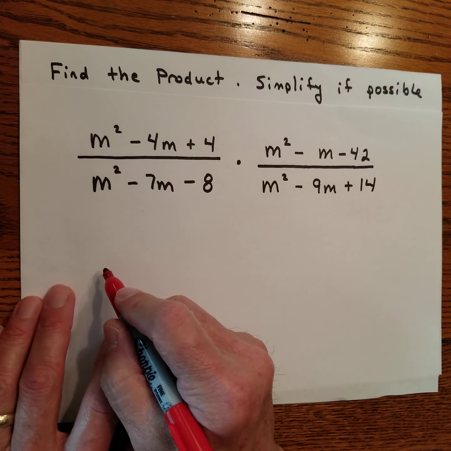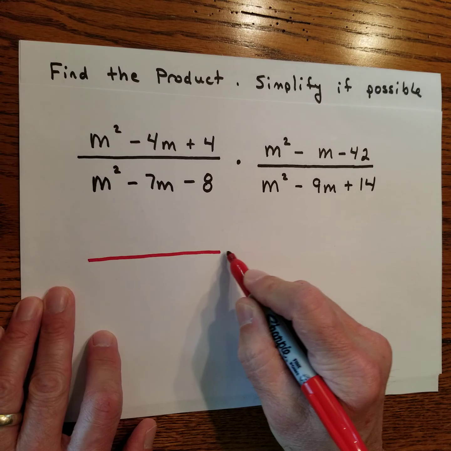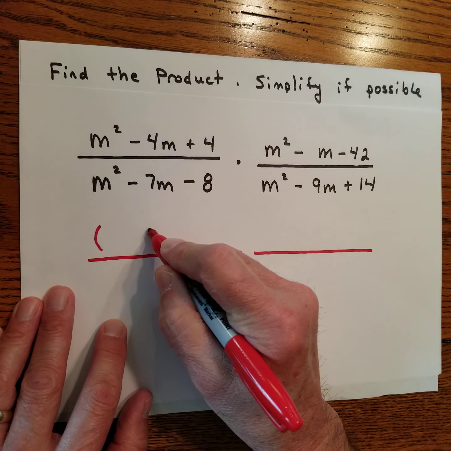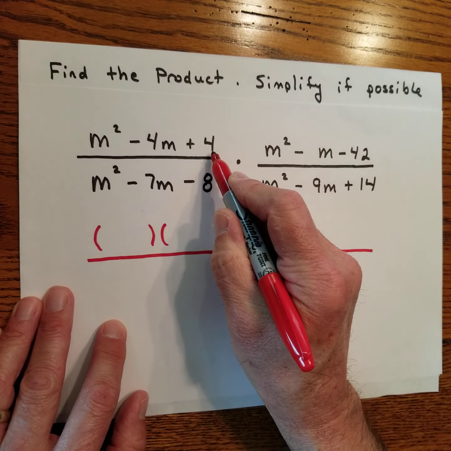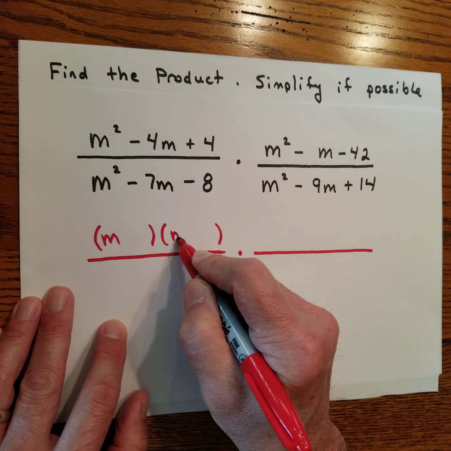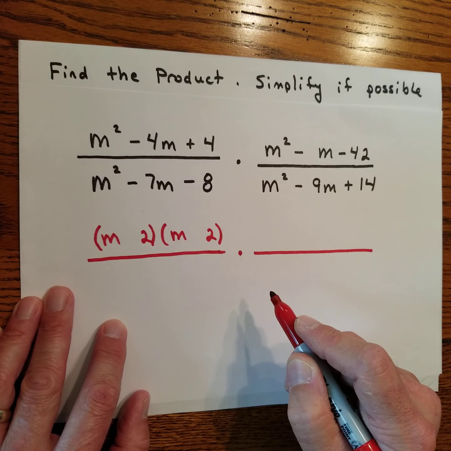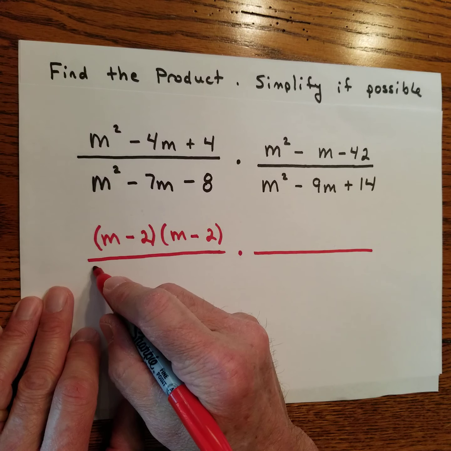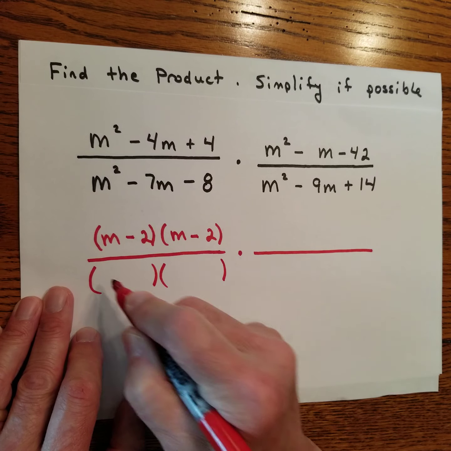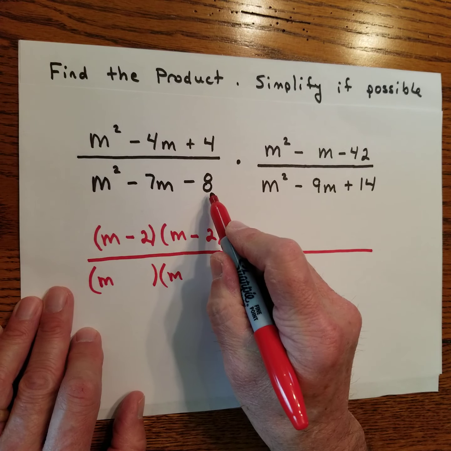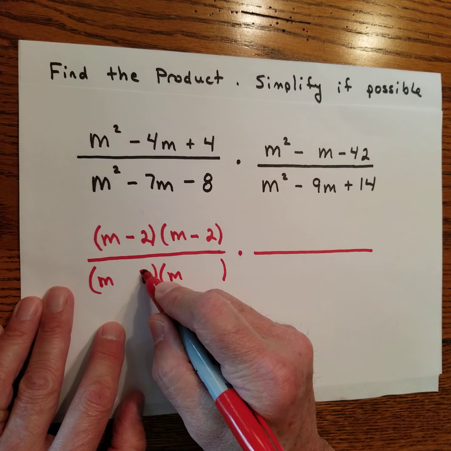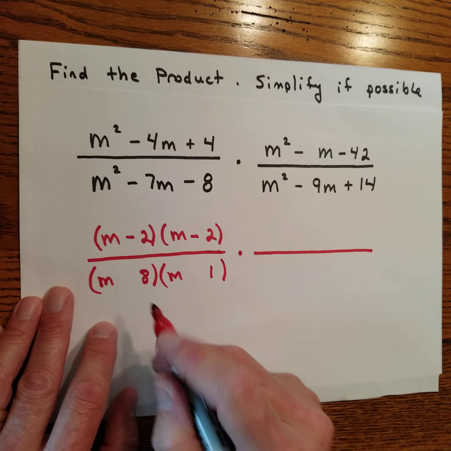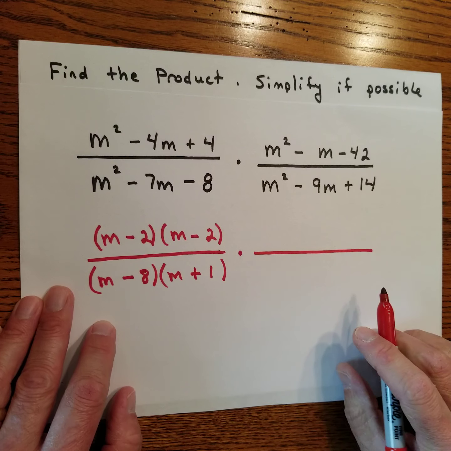Let's try one more. Take care of all the factoring. I need two numbers that multiply to 4. Well, that's got to be 2 times 2. These 2's have to add up to a -4, so they're both negative. Two numbers that multiply to 8, well, that's going to be 8 and 1, because 8 and 1 can add up to -7 if the 8's negative and the 1's positive.